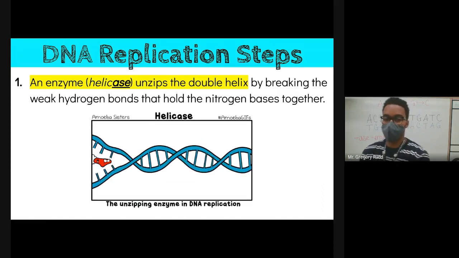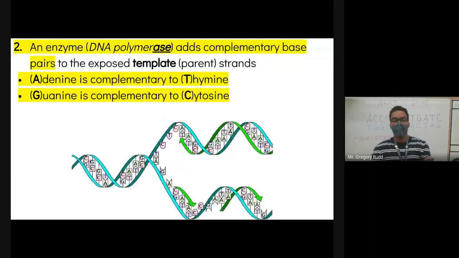Okay, cool. The second step involves an additional enzyme. This one is called DNA polymerase. As we will see, there are 2 types of DNA polymerase, but we won't really specify the types in this class. The first one that comes up is there to add new DNA.